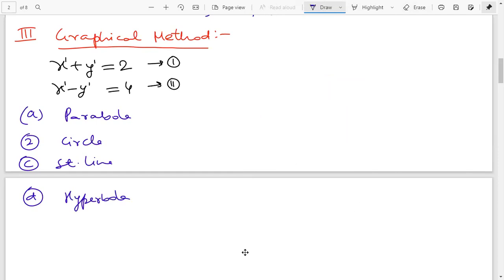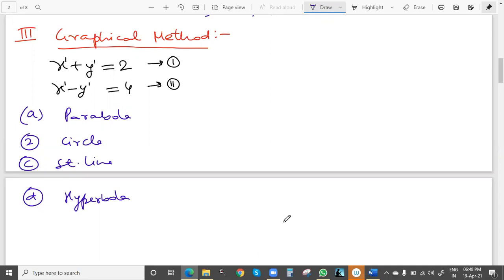ABCD, four options. These are linear equations. We can have two equations, so we can also say a pair of linear equations in two variables. If you draw the graph, what will be the nature of the graph? Options are ABCD. What would be the option?